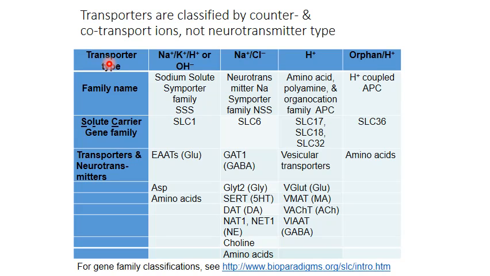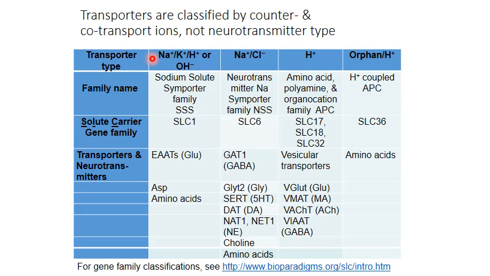So these are mostly secondary gradients that are utilized in order to move the primary substance. And typically, the ions which are co-transported are sodium, counter-transported potassium, co-transported would be hydrogen or hydroxyl.